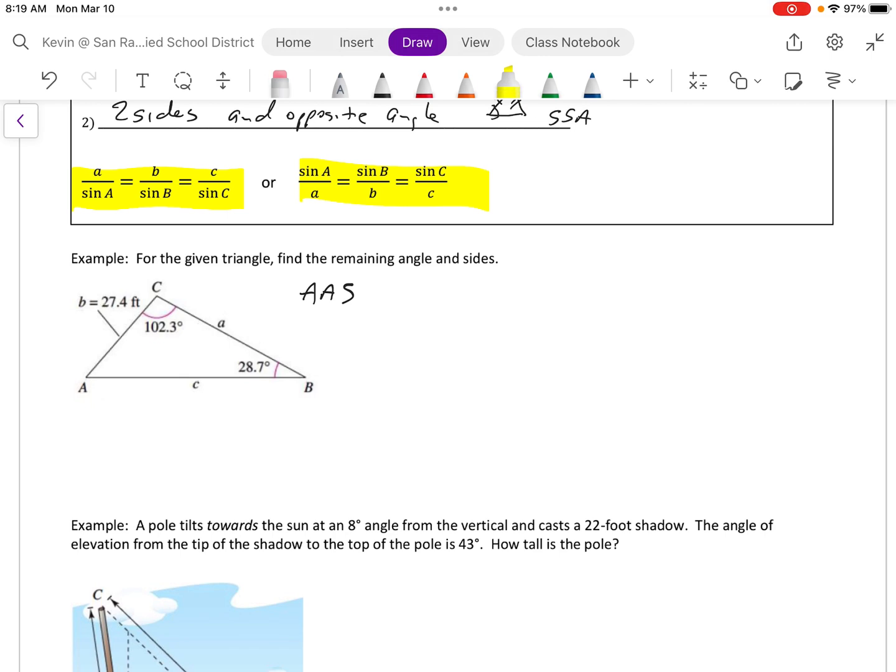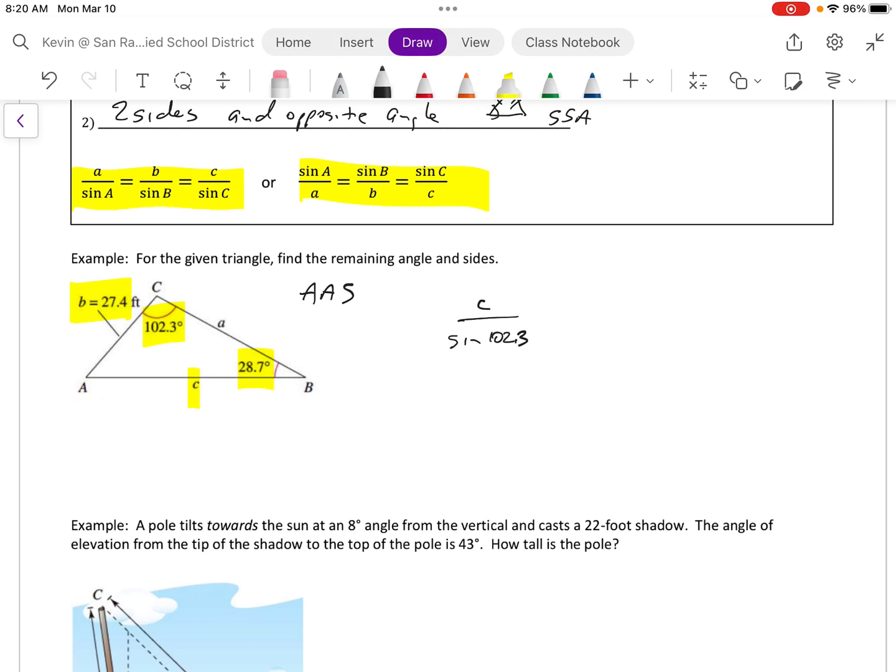Okay, so what things do we have? We have the length of side B and we have angle B. We have the angle C, but we don't have angle A. So we can use this. We want to find out what C is.